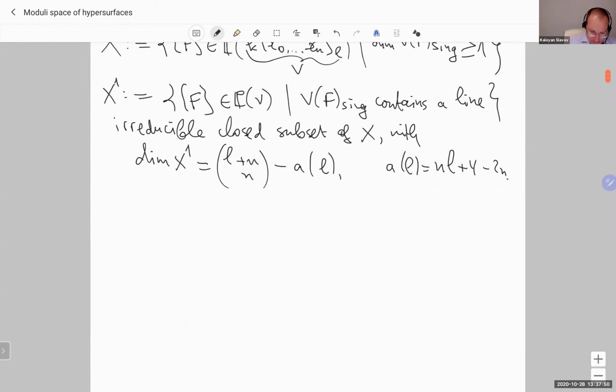Indeed, theorem. That's what I managed to prove with an assumption that L is large. At least for sufficiently large L, this is the case.